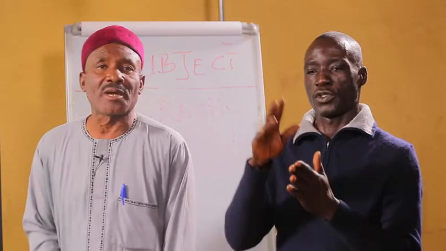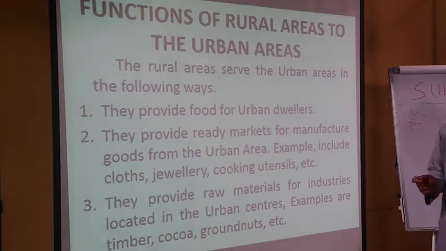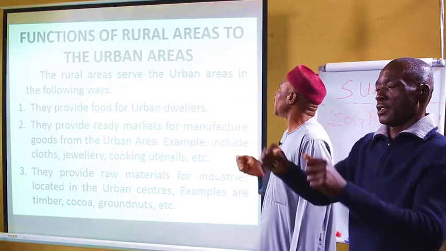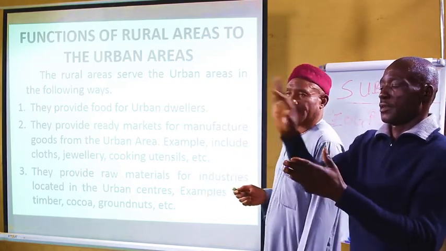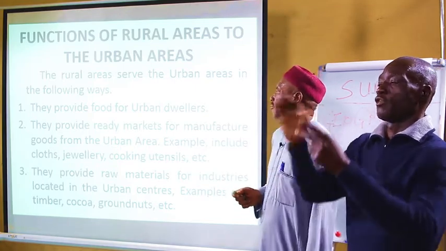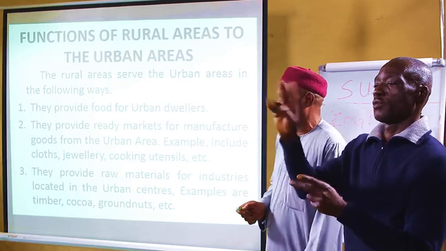Students, let's quickly look at the functions of rural areas to urban areas. The rural areas serve the urban areas in the following ways. One, they provide food for the urban dwellers.